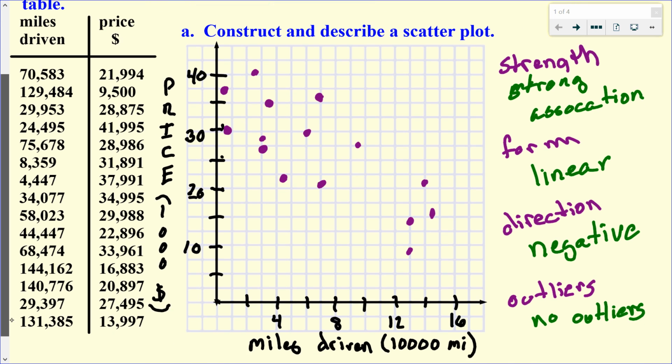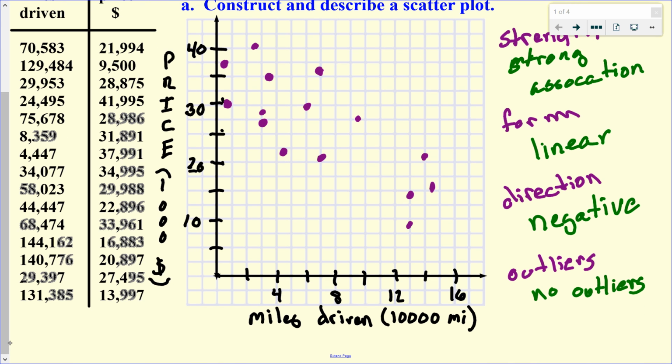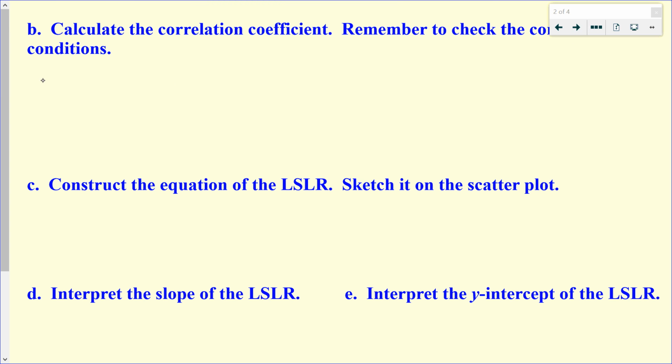The first condition we need to check is quantitative data. Price is definitely numeric, definitely measuring something. Miles driven, again numeric, measuring distance. So we have one variable measuring a value, one variable measuring distance, so the data is in fact quantitative.